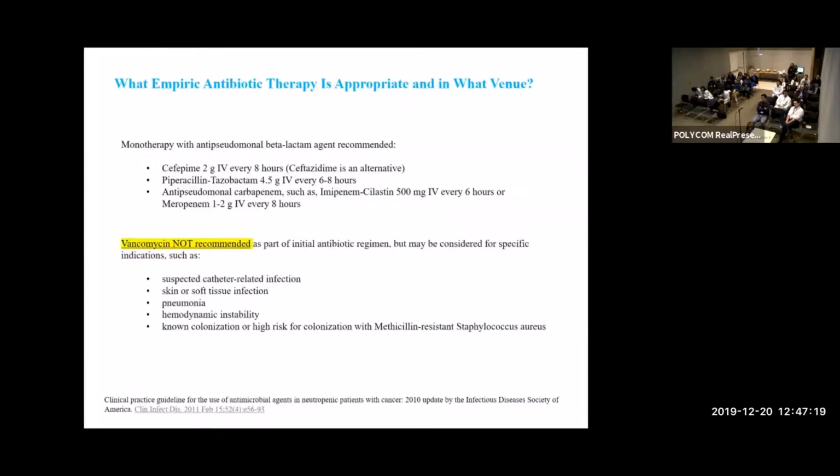Vanco is not recommended as part of the initial regimen in these patients. There are some scenarios where vanco definitely plays a role: if you are suspecting a line infection, if you are suspecting a skin or soft tissue infection, if the patient is hemodynamically unstable, or if the patient has a history of multi-drug resistant organism. And there's controversy about pneumonia specifically.